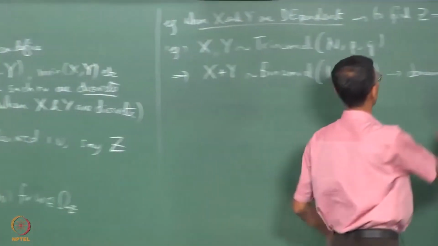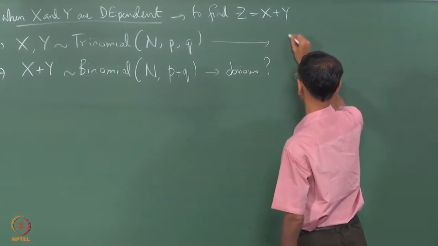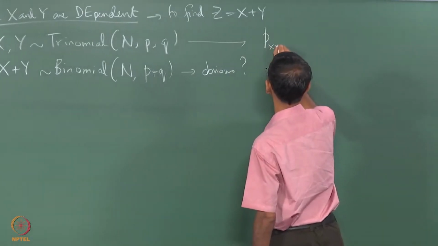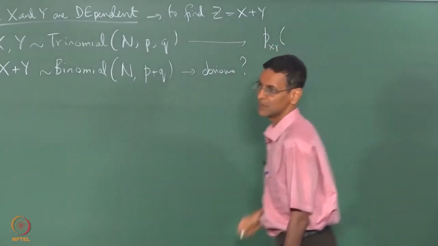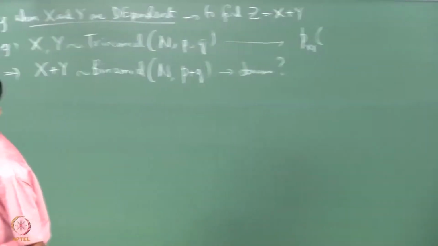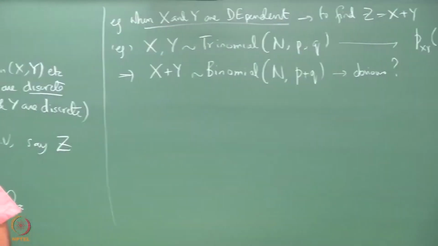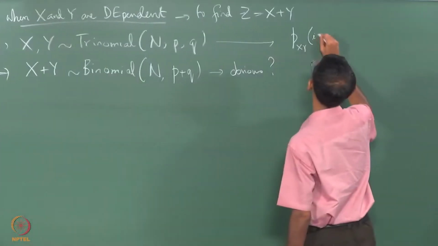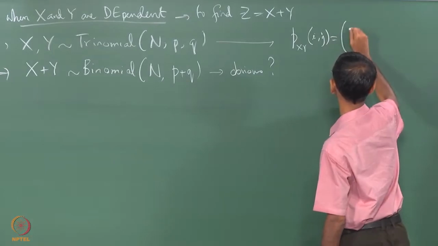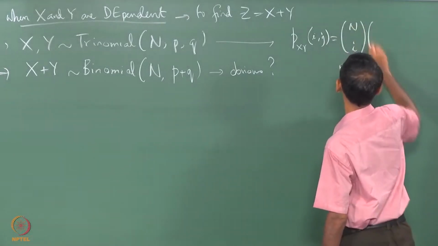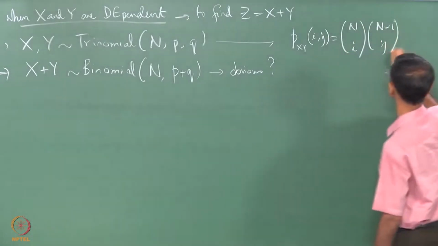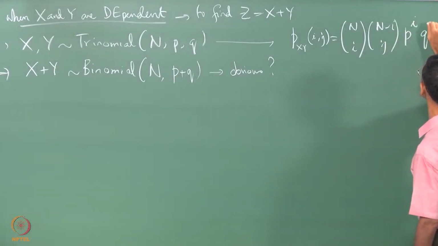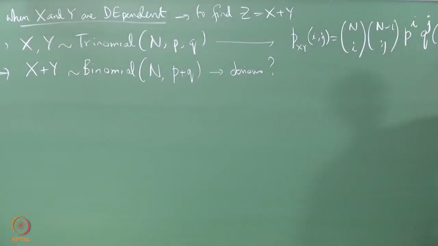Now I think what I have to do here is go here and write the expression. This pxy of, let me see what notation I used, i comma j, is n choose i, n minus i choose j, p to the power of i, q to the power of j, 1 minus p minus q to the power of n minus i minus j.